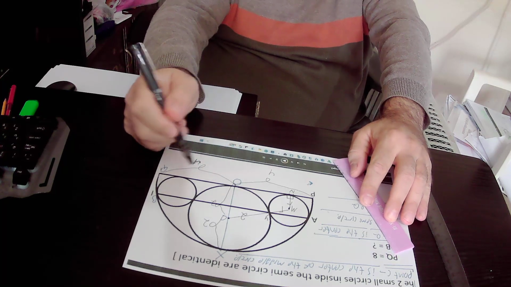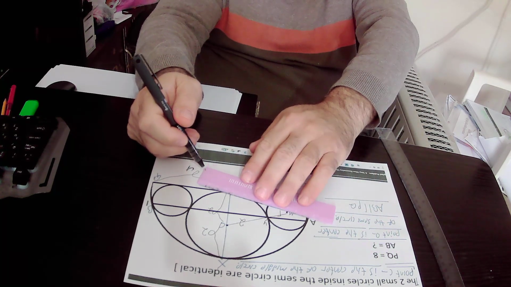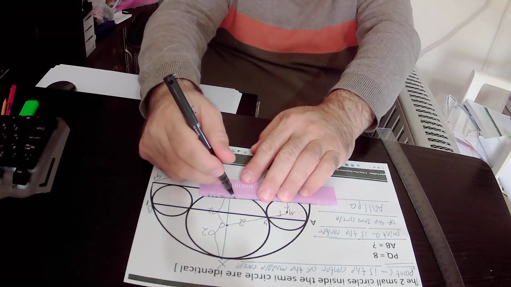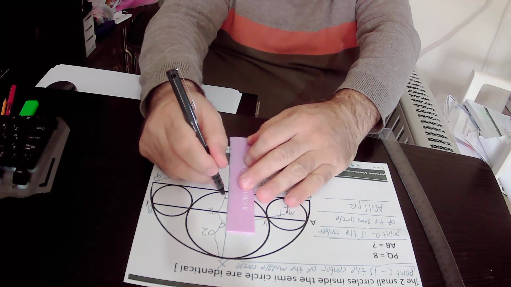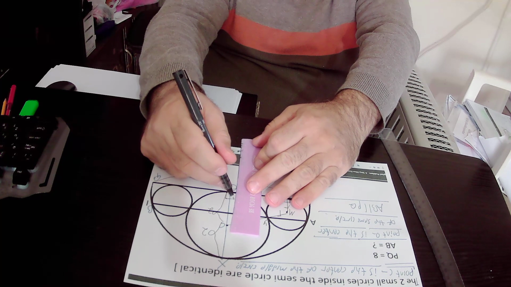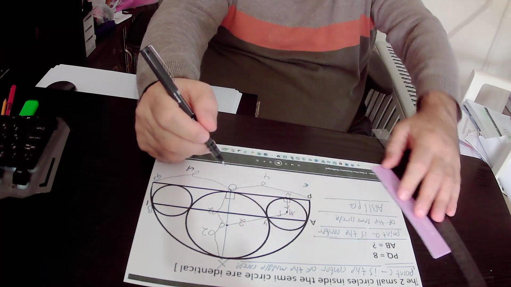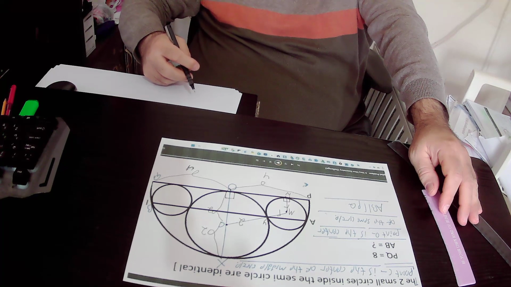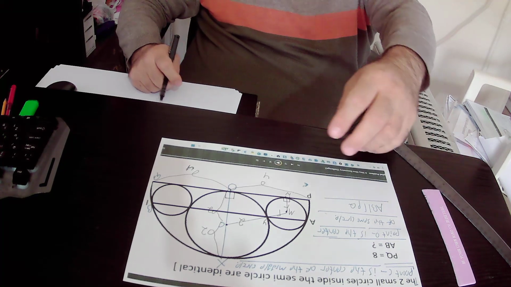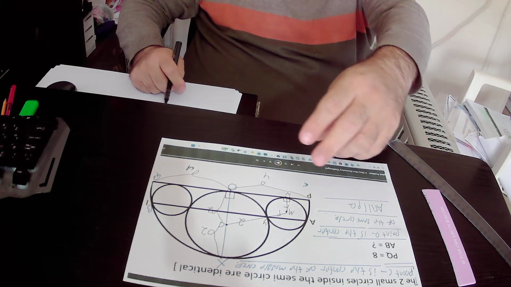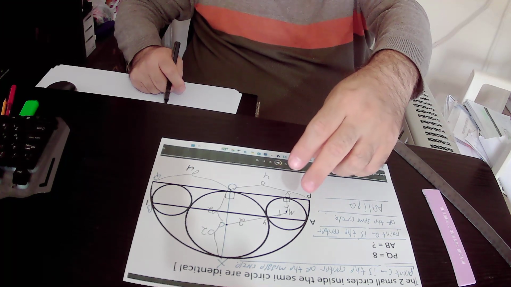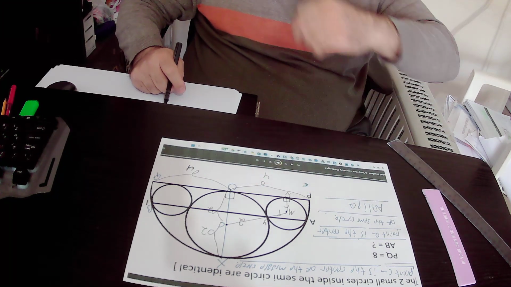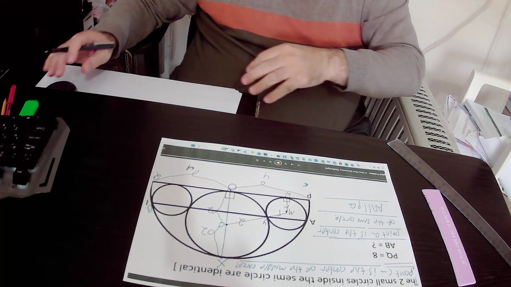Therefore, the tangent PQ will be perpendicular to this radius, that is to say, this angle will be equal to 90 degrees, and this angle will also be equal to 90 degrees. Okay, now I will draw the quadrilateral MNOC in a new page.